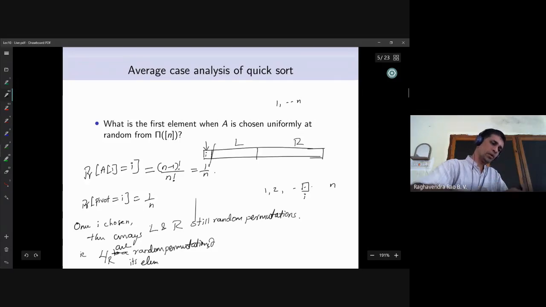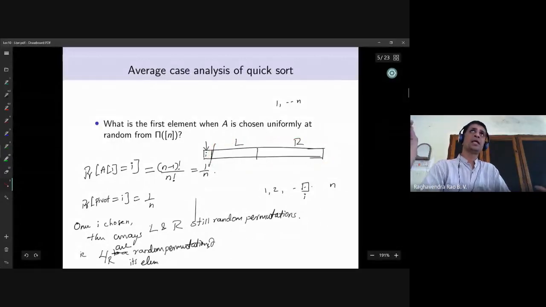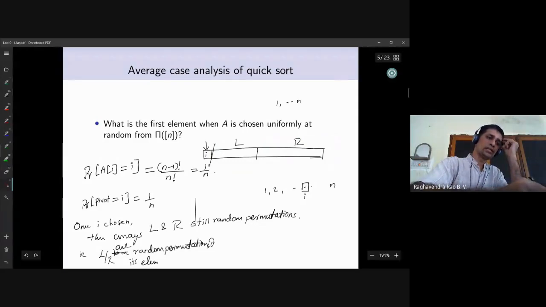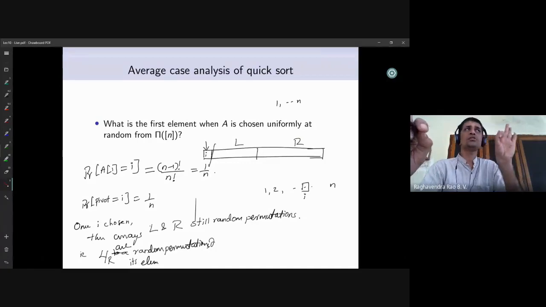What we are doing is, you first fix the first element and then permute the remaining elements, right? Now let's imagine I'm having two lenses, one for L and one for R. The first lens only looks at elements which are less than the pivot and their relative positions.